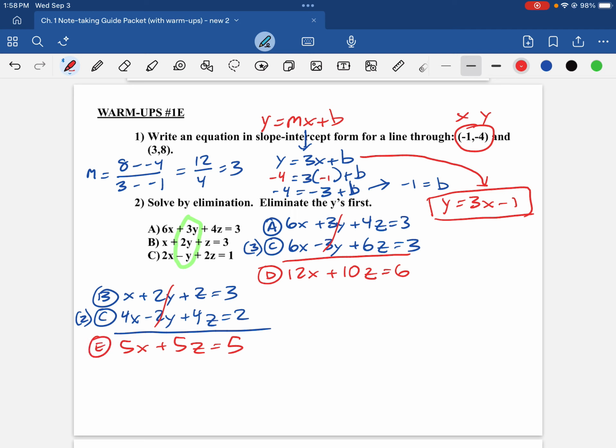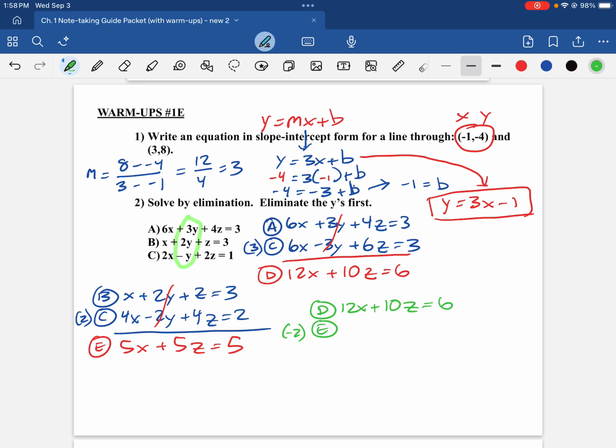All right. And so now let's put equations D and E together, and I'm thinking it'll probably be easier to eliminate the z's when I'm looking at those two equations. So if I'm eliminating the z's, I'd want to multiply equation E by negative 2. Okay, so let's see, equation D, I got this.